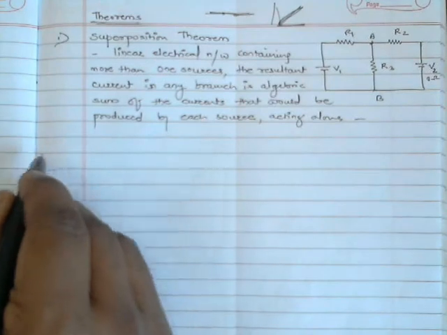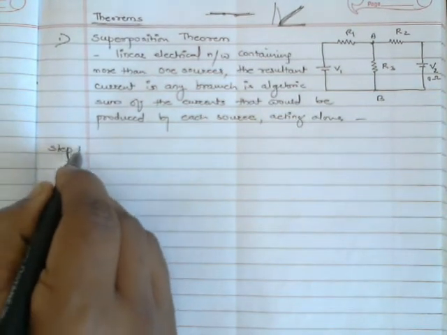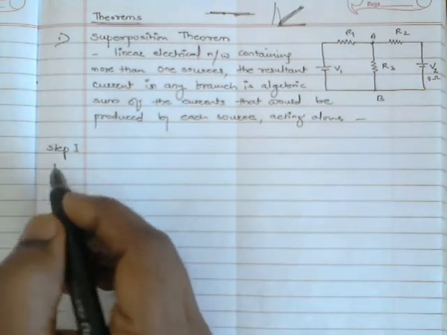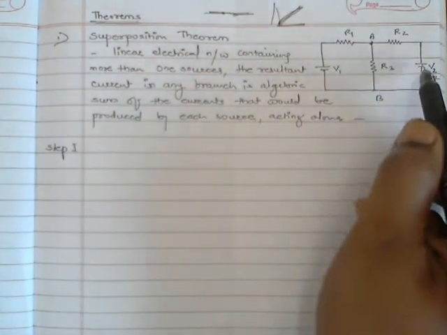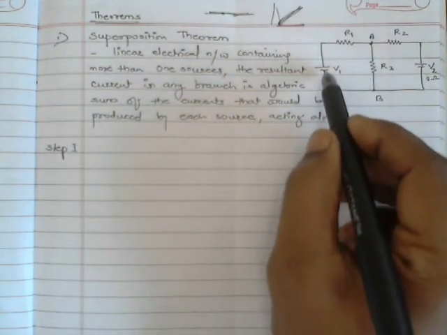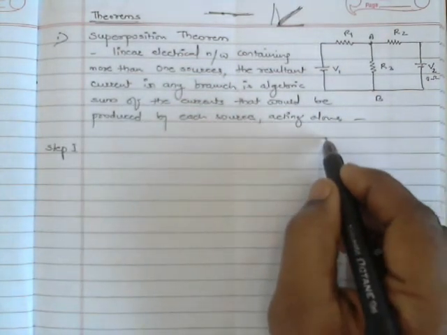So, step one. Okay, in step one, consider any one source. If we consider V1, draw a new circuit like this.